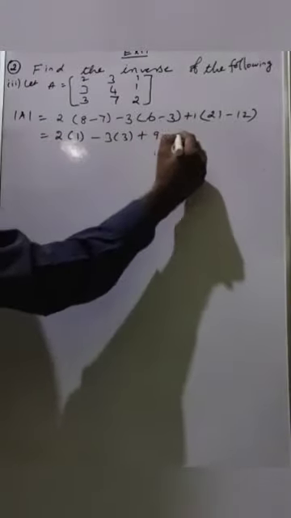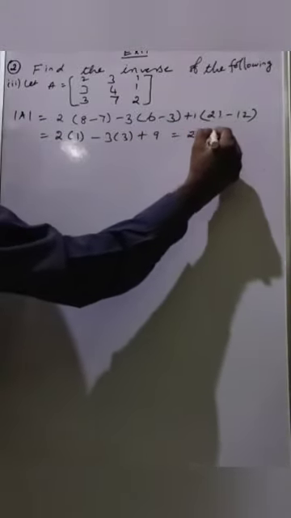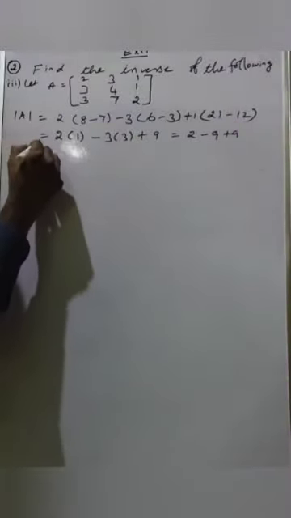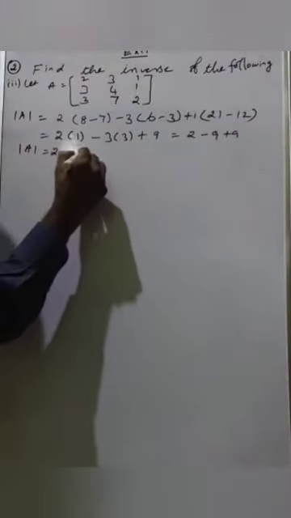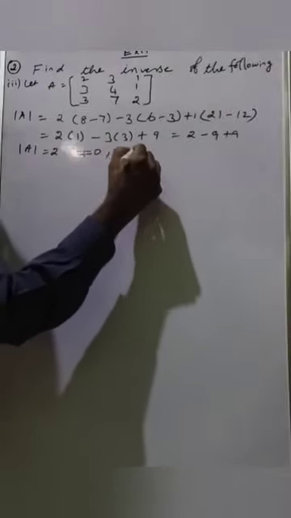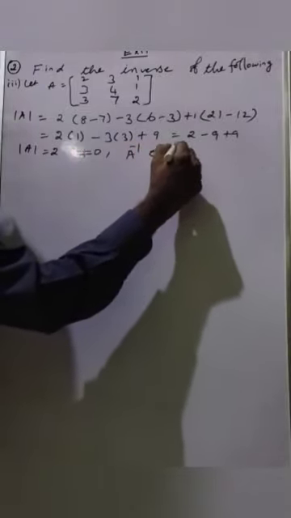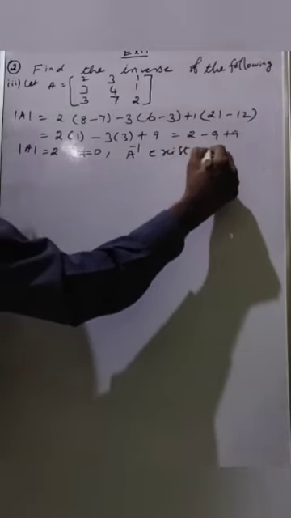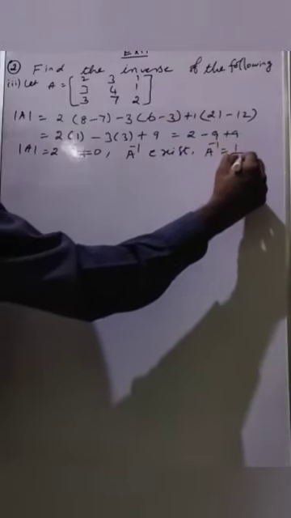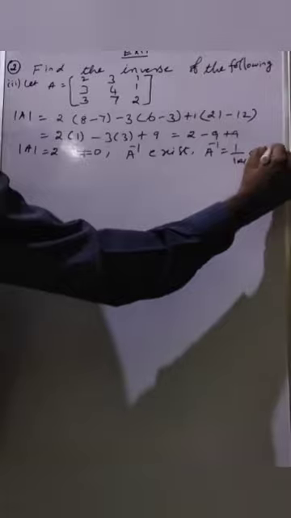So answer, see that, 2 minus 9 plus 9. So we may get determinant of A equal to 2. That is not equal to 0. A inverse exists. So you know A inverse formula, 1 by determinant of A, adj A.